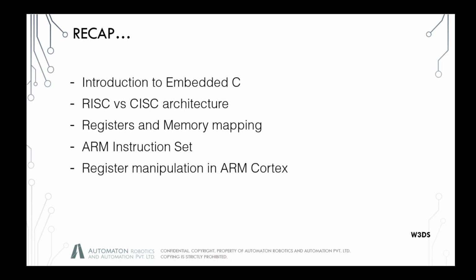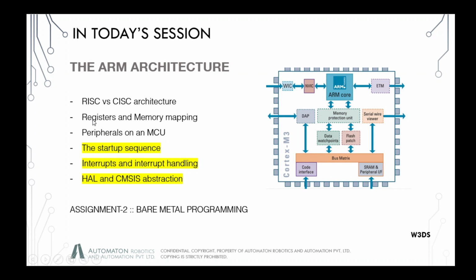In today's session, this might look familiar because it is the same slide from your previous class session, we will finally be discussing the startup sequence of the ARM CPU. We'll be looking at the STM32F103 and whatever goes inside it for a startup. Then we will be talking about interrupts, a very important topic.